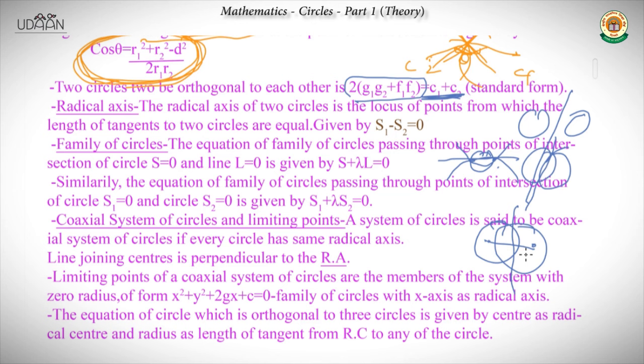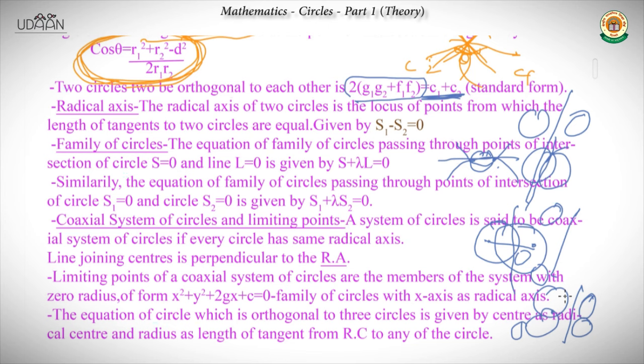Now we'll talk about some interesting points known as the limiting points. The limiting points of a coaxial system are the members of the system with zero radius. If we have a radical axis for a family of circles, the length of the tangent from the radical axis to all the circles of the family is equal.